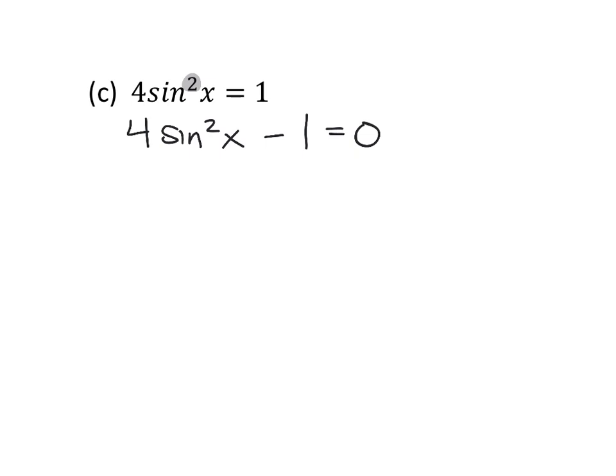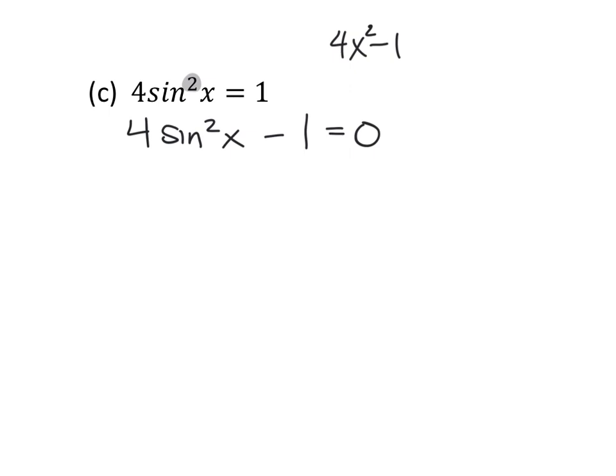Does anyone notice what kind of trigonometric quadratic we have here? Don't think Pythagorean identities. Let me write it in a different way. Let's say it didn't say sine of x, it just said x. Does anyone notice what that looks like? Oh, never mind.